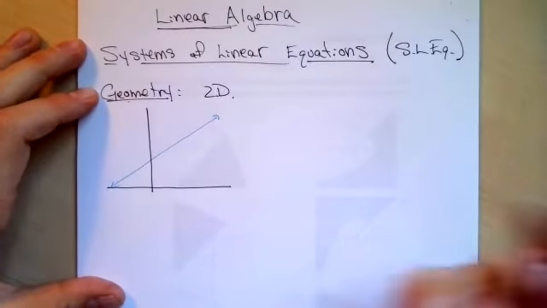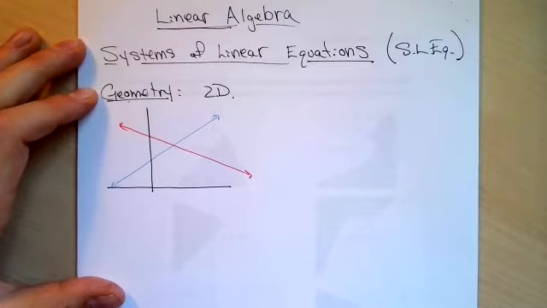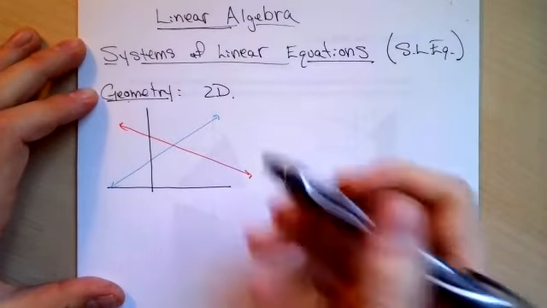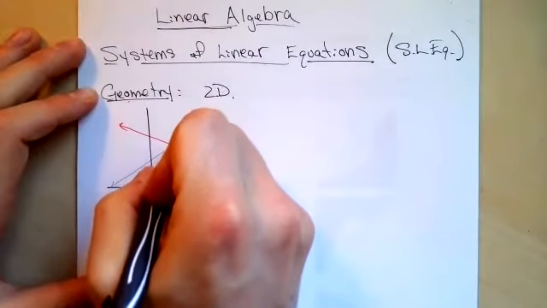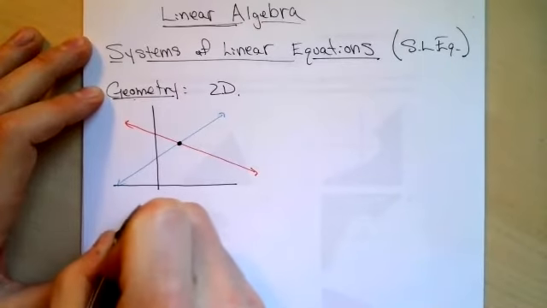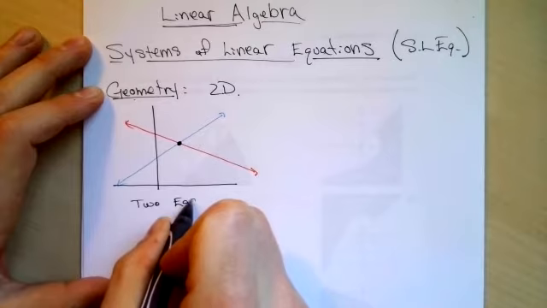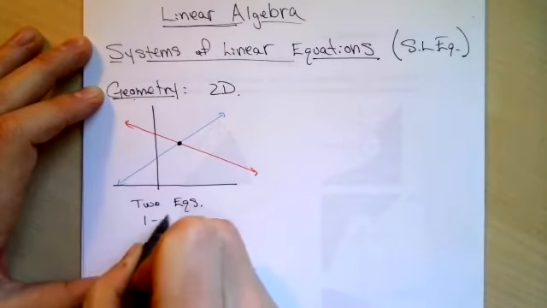We can have another linear equation representing another line. And then we see that they intersect at one point. So this is two equations, one solution.